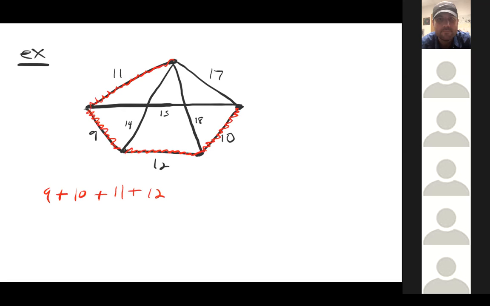I've hit everything, haven't I? So you know you're done when you've hit every vertex, and that is definitely a spanning tree, isn't it? Doesn't it hit every vertex? And it is connected, and there are no loops, or what do you call them? Circuits. There are no circuits. Yeah, my bad. I'm losing track of reality here with all this COVID, right? So 9 plus 10 plus 11 plus 12 is 42. So 42 is the total weight of that tree.